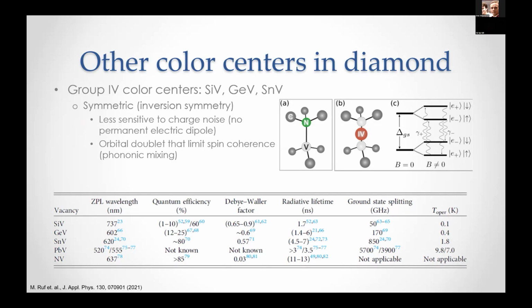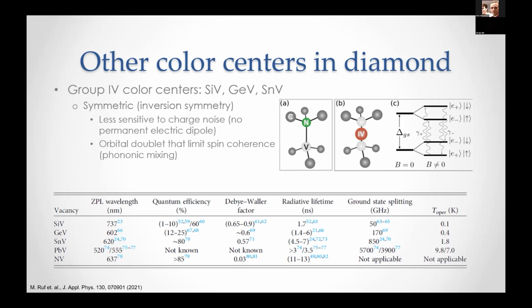They're very nice because their symmetric nature makes them, first of all, much more stable in terms of their optical frequency. They don't have a permanent dipole, so they're much more stable to electrical noise. If you remember the line jumping around in that plot I showed you a while ago for the NV, these are much more stable. And they also have a much stronger coherent optical coupling.